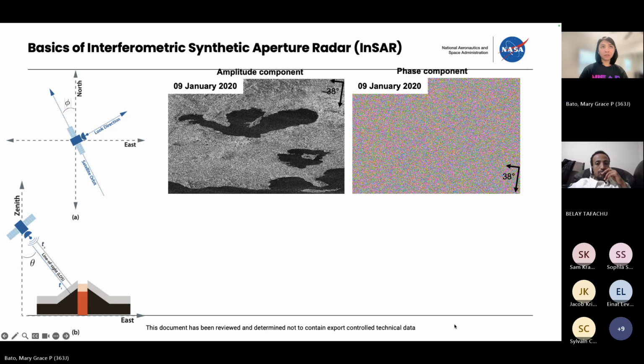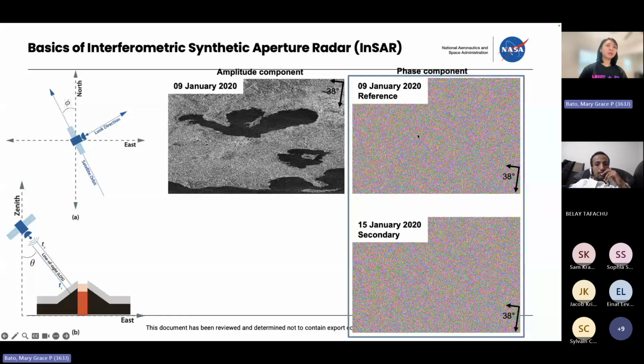But if you take another phase data on another date, and there happens to be a large deformation event in between these two dates, then you can cross multiply, or get the difference of, the phases.